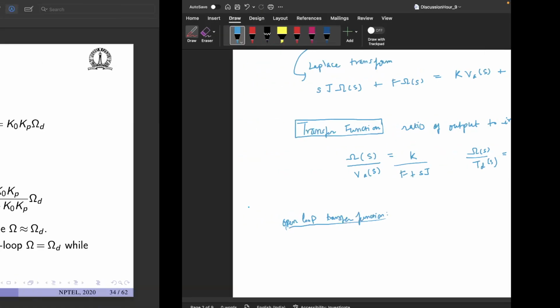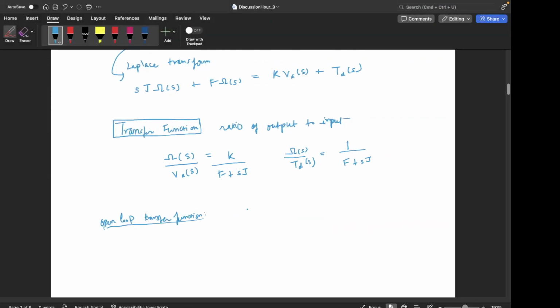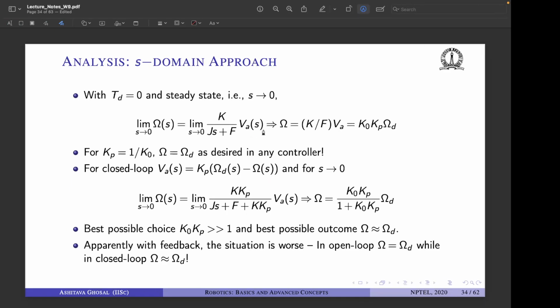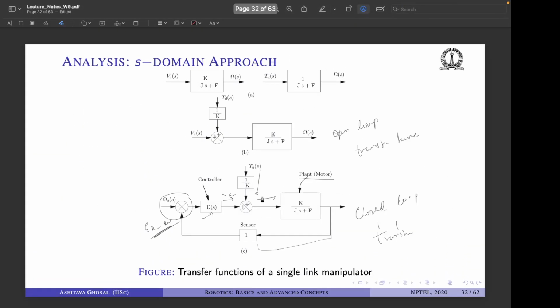So we have our open loop transfer function, that is omega s is K by F plus Js times VAs. So this is the open loop one. Now here we have this value K0. Let me just refer back to what K0 was.